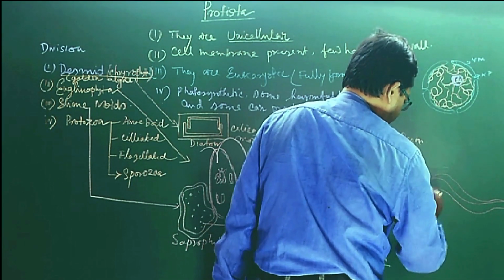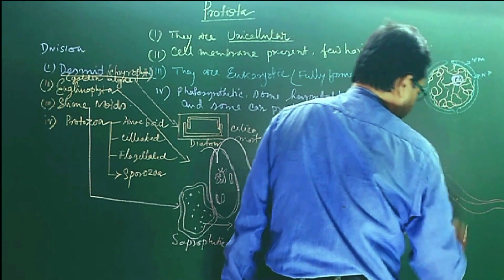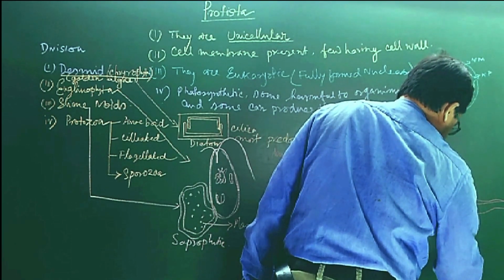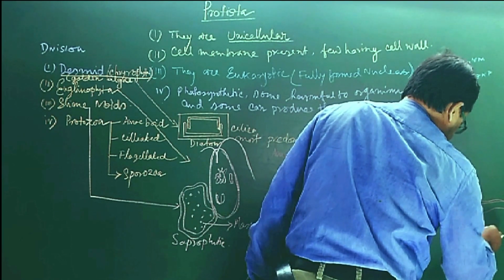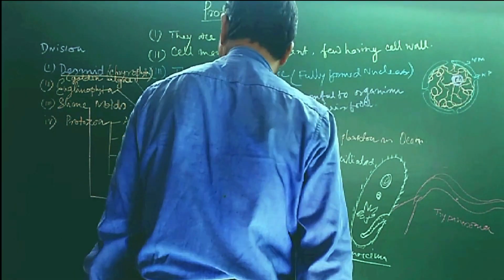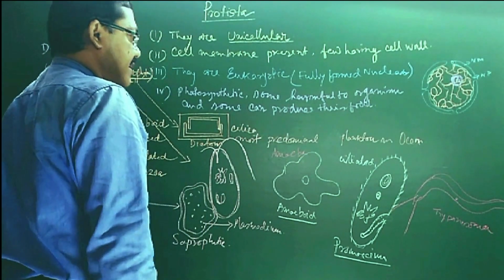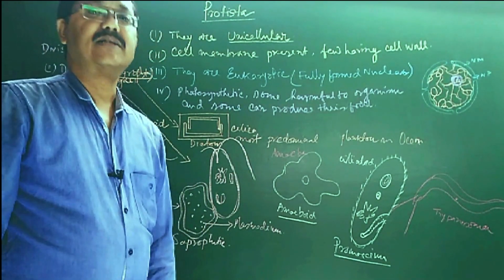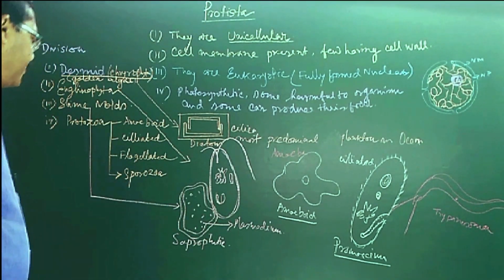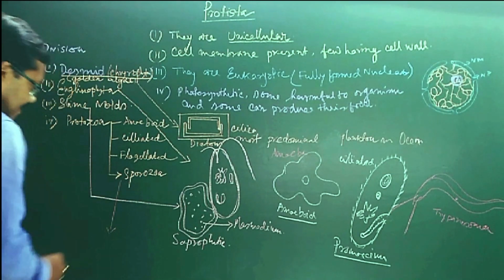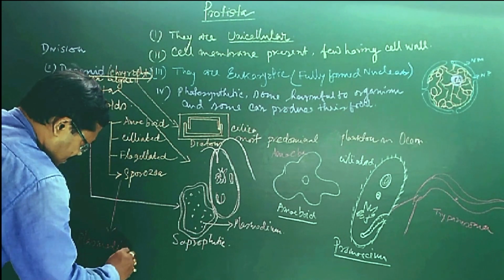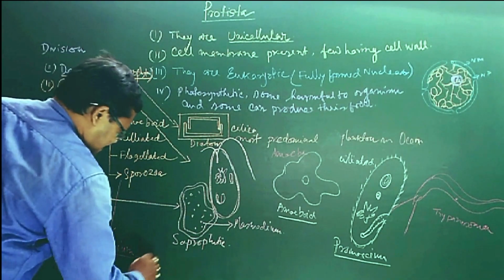Trypanosoma causes African sleeping sickness. It contains 2 long whiplash flagella. And the sporozoa, in some of these animals, contain a resting sporozoite stage, particularly found in Plasmodium, that causes malaria.